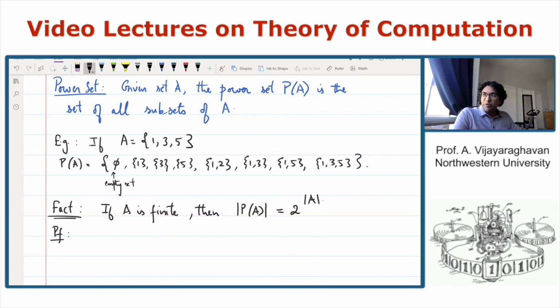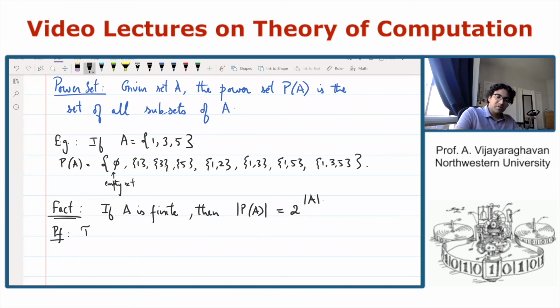Basically, for a given set A, we're just counting the number of subsets of it. Here we're just thinking of the size of A as being finite. You can think of it as n, for instance. So this is really just a counting exercise.